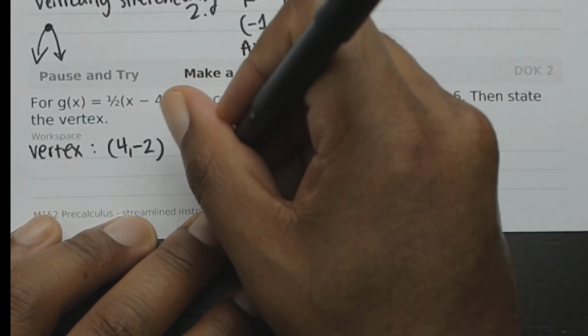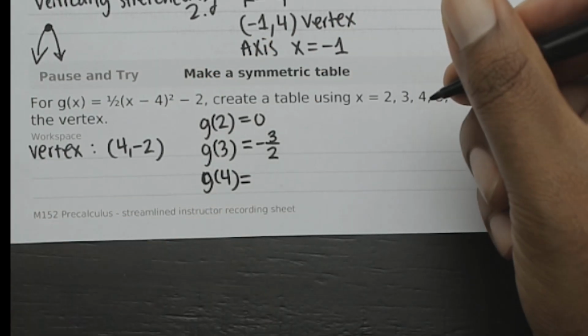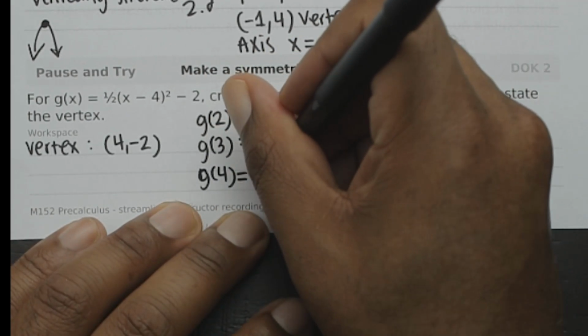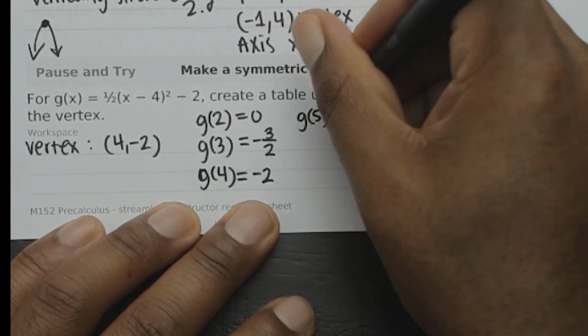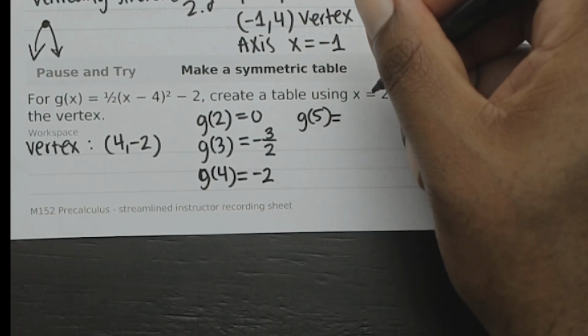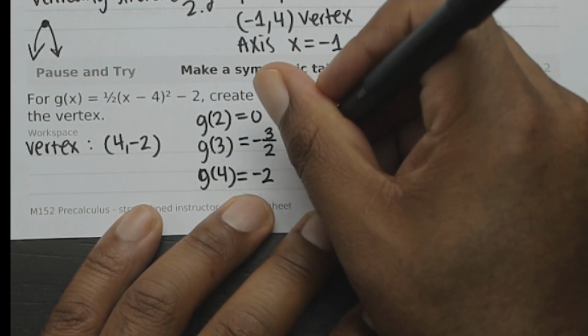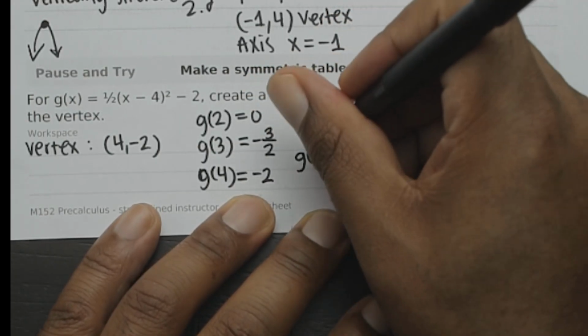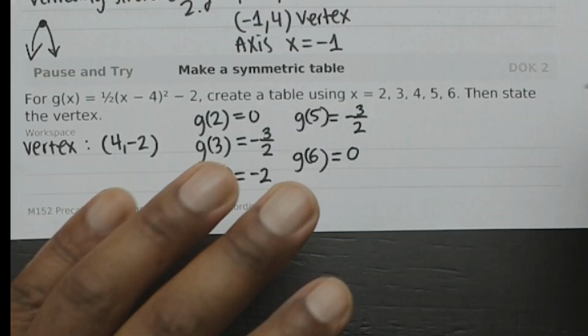If we put the 4 in there, we're going to end up with -2. And then the 5, you can verify all of these, -3/2. And then g of 6 will generate a 0.